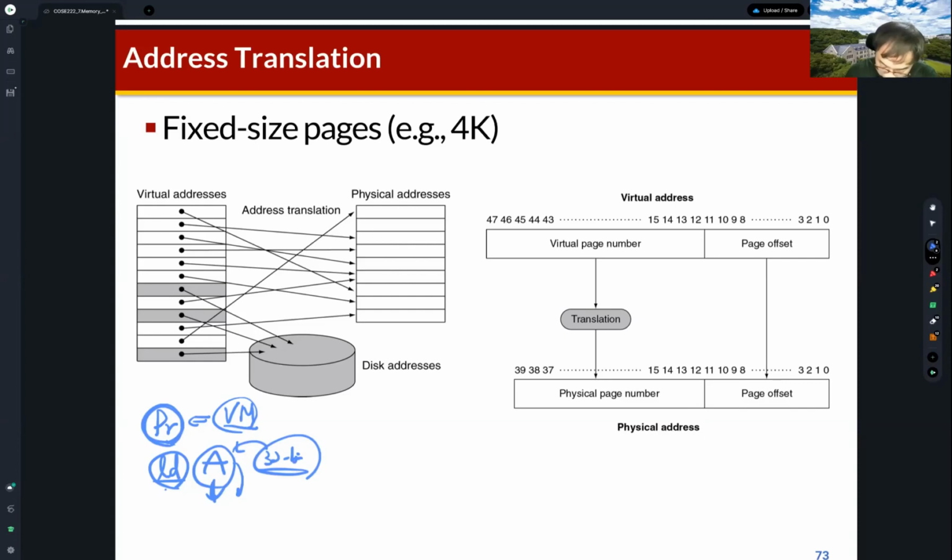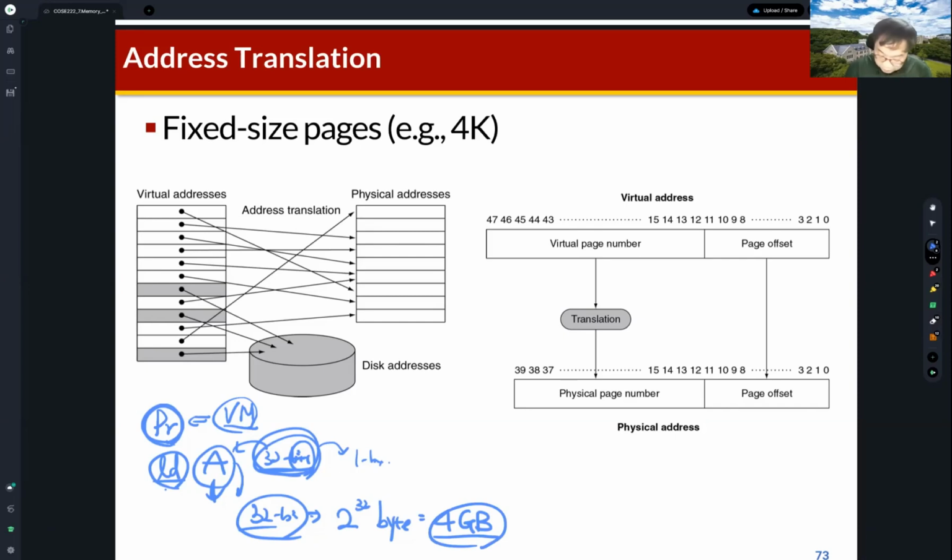Because the address size is 32-bit, and each address is allocated 1 byte of data, a 32-bit address can cover up to 2 to the 32 bytes. So this is 4 gigabytes.